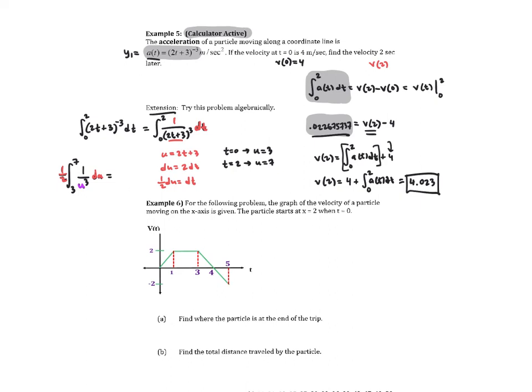Okay, so half integral 3 to 7 of u to the negative 3 du. Well, that's equal to negative, what would that be? Negative 1 over 2u squared, yeah, that would work, evaluated from 3 to 7.